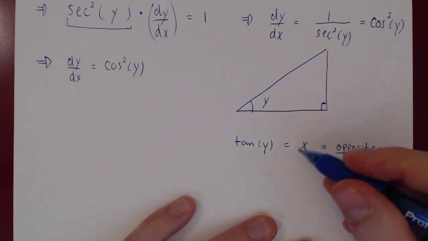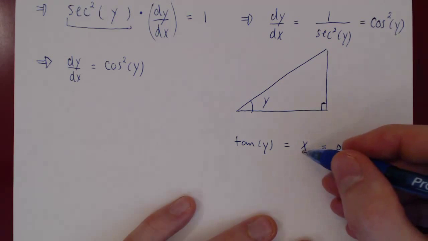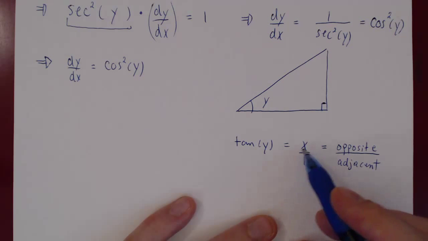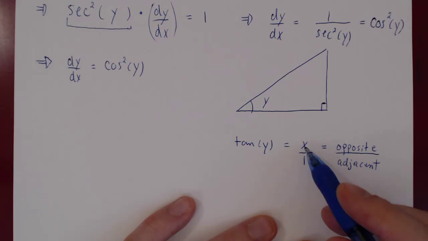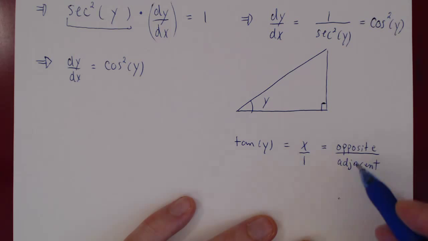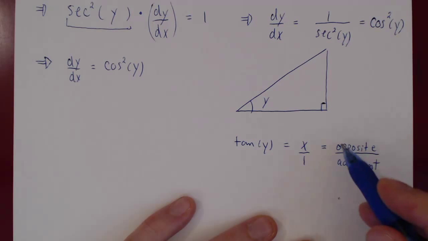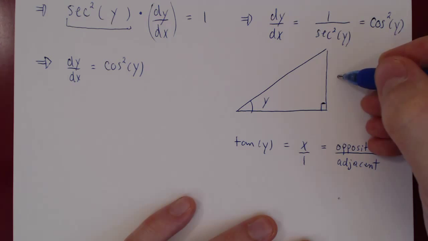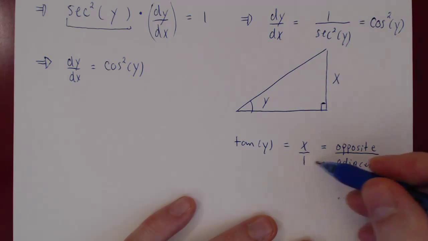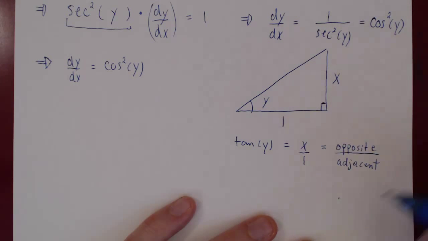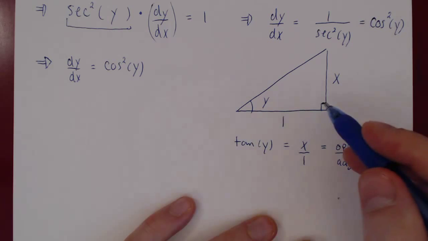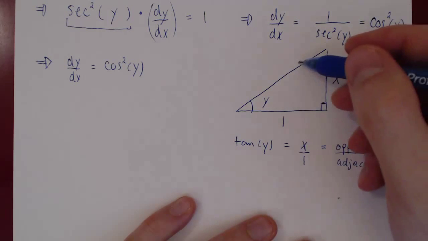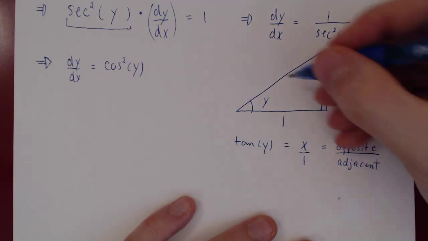So we would like this to be a fraction. The easiest way is to write x as x over 1. And now we can see that tangent of y being x over 1 will be the opposite over the adjacent. Therefore, the opposite side will be x, and the adjacent is 1. So we now have the base of our triangle is 1. The height is x. Now we want the hypotenuse, which we can call c.